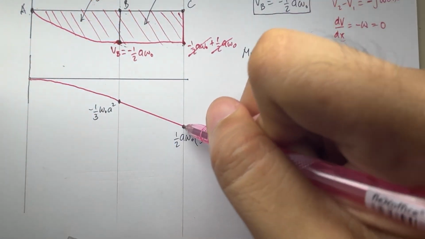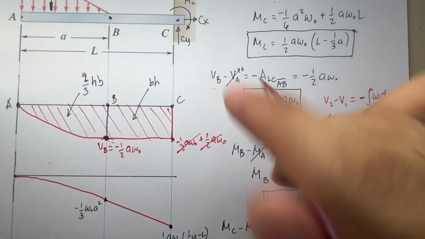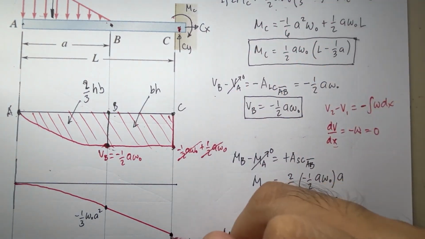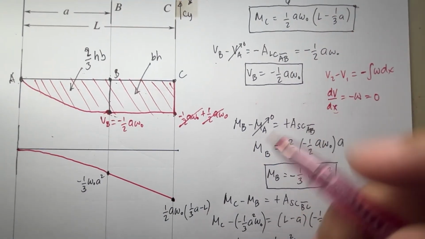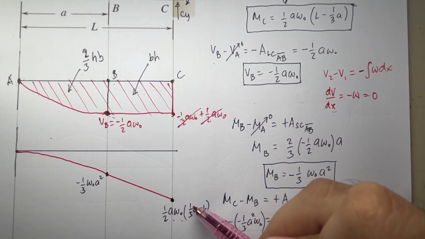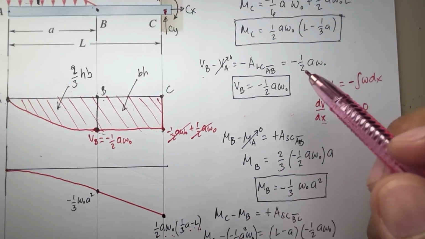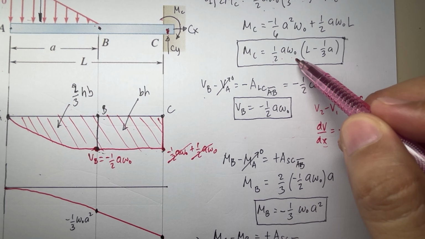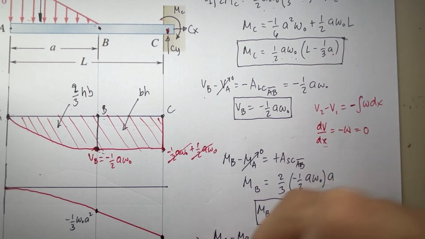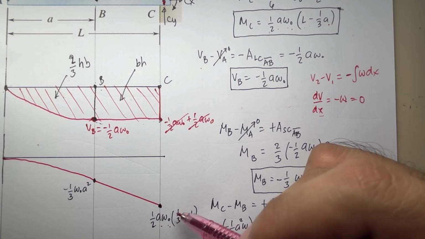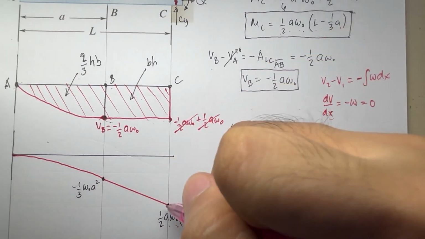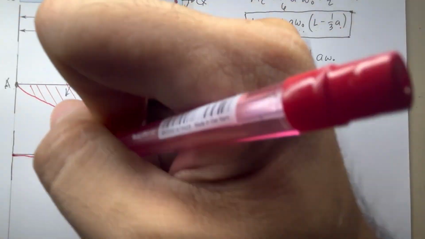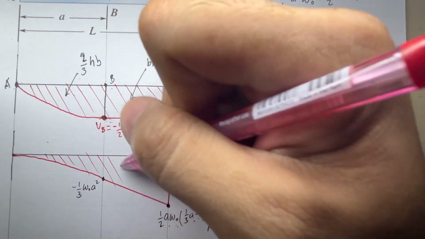And from this point, since our point C has a moment MC, we need to add moment from this point. Since our value here is 1/2 A omega naught times 1/3 A minus L, and the moment that we'll be adding to this amount is also 1/2 A omega naught times L minus 1/3 A, if we add these two, it would equate to 0. So in our moment diagram, our graph would return to 0 at this point. So somehow this would be the image of our moment diagram.